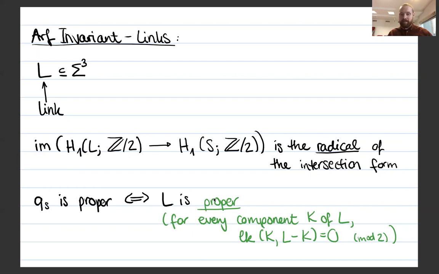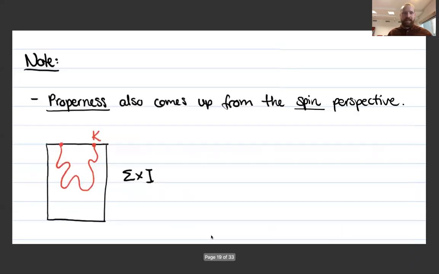That's this kind of funny condition on linking numbers. You need every component of your link, when you look at its linking number with all the other components, to be 0 mod 2. It's a funny condition when you first see it, but it shows up inevitably throughout all of this. Here I'm showing you how it shows up through just the algebra perspective. It also will show up from the spin structure and the pin structure perspective. So you can't get around it.